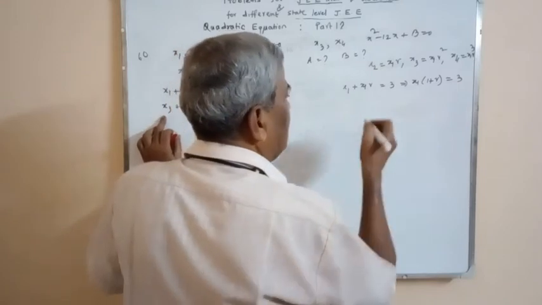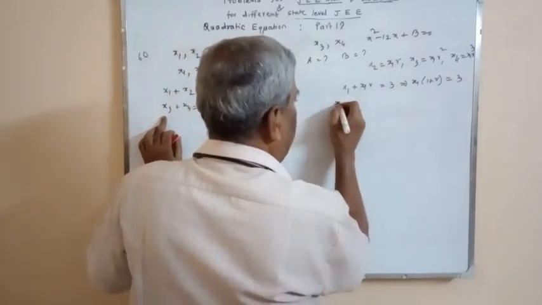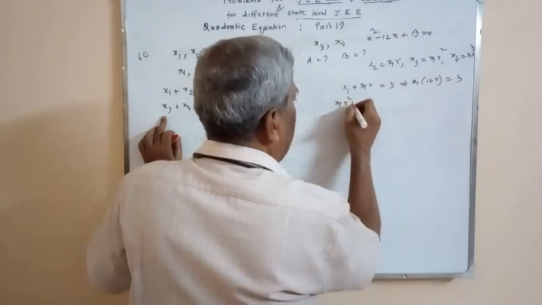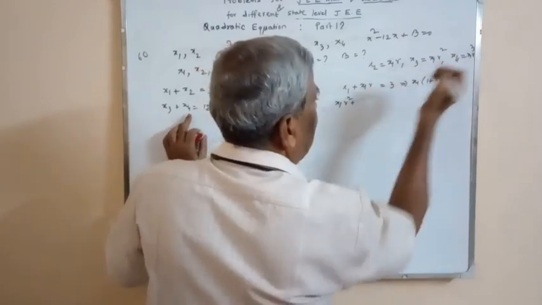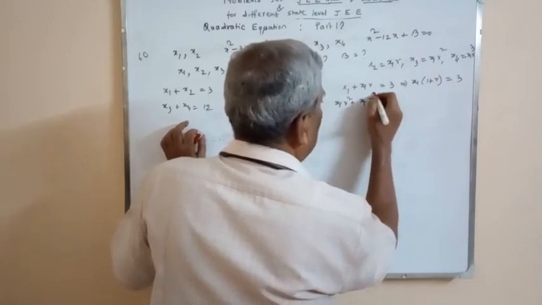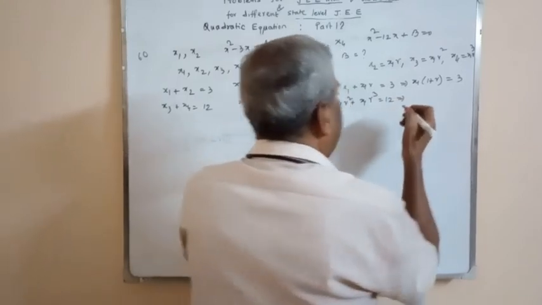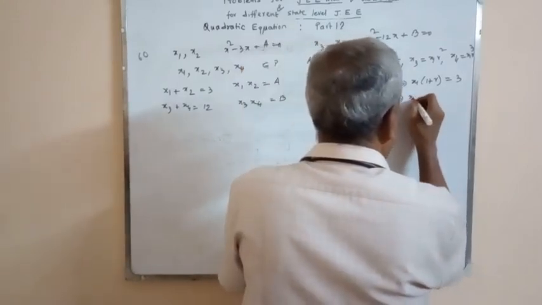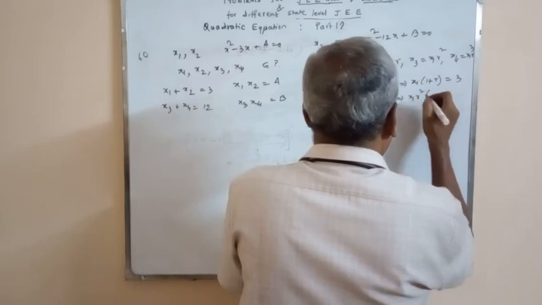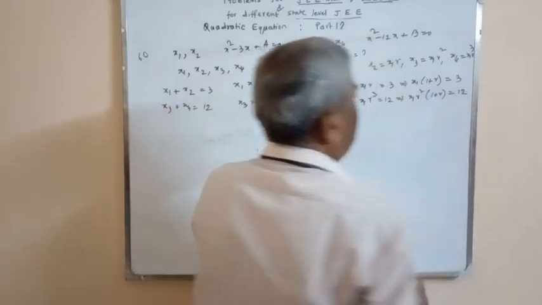Here, x3 plus x4 is equal to 12. x3 is x1 r square plus x4 is x1 r cube, equal to 12, giving x1 r square common, (1 plus r) is equal to 12.